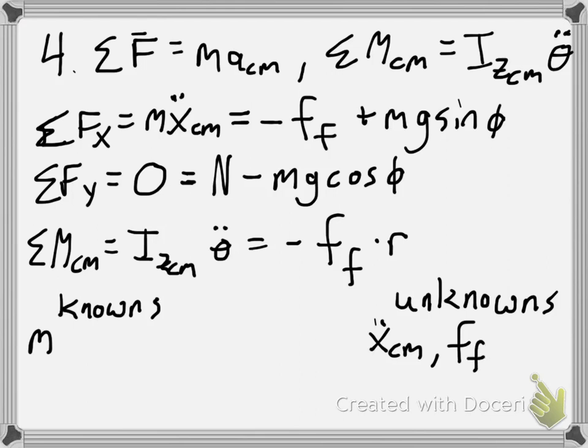Gravity. Phi. Normal force. Iz center mass. Yeah, Iz center mass is known. We can actually look that up. So whether it be a sphere, a disc, or the cylinder, you can simply look in Appendix C of your book to determine what that mass moment of inertia is.